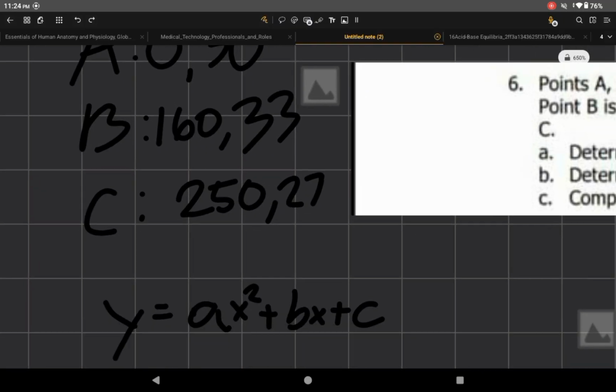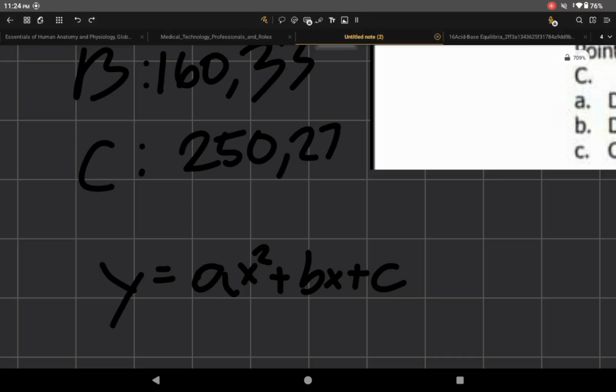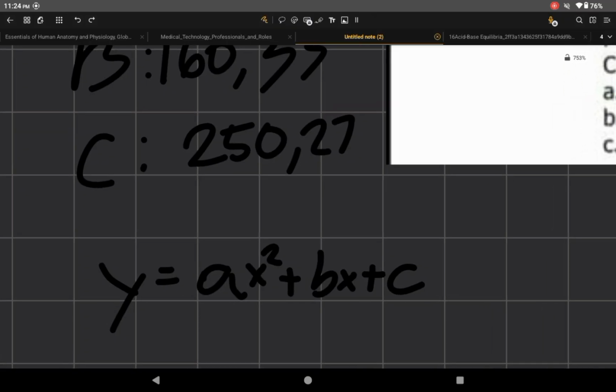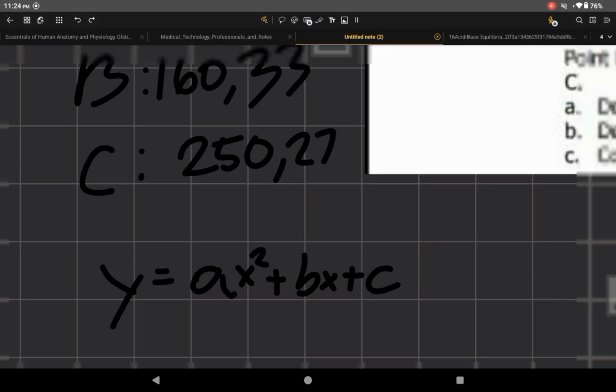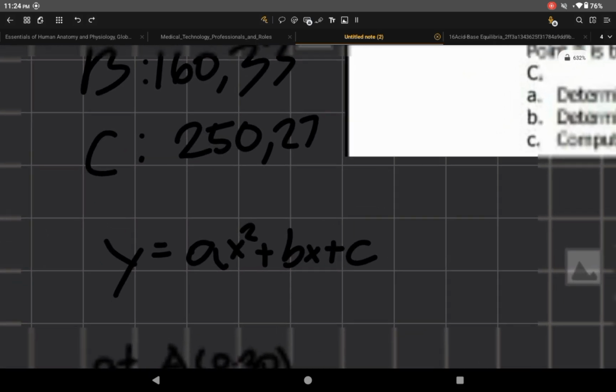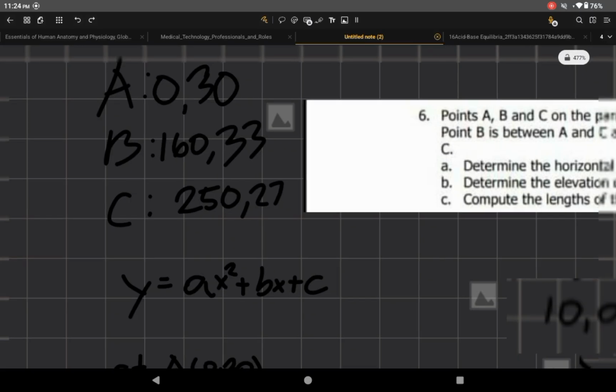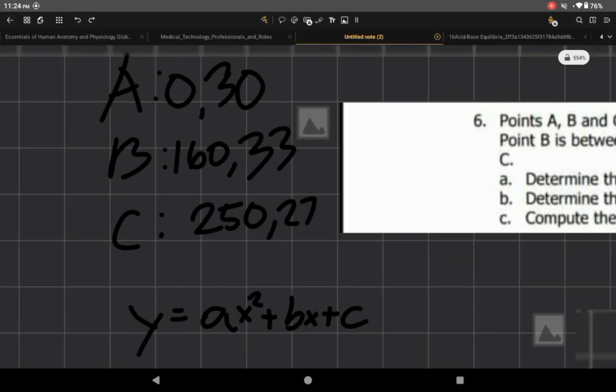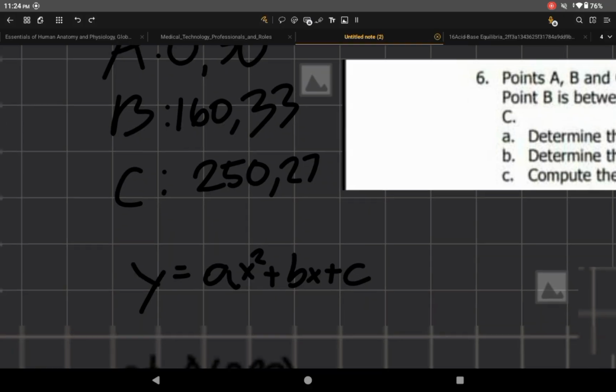So our parabola equation is y equals ax squared plus bx plus c. That's the parabola equation. So we use this formula to plot the key points. We substitute the coordinates of points A, B, and C. So we use this formula at each point.